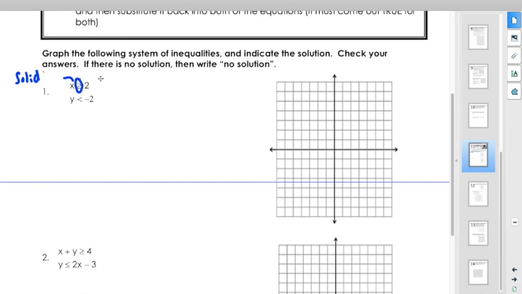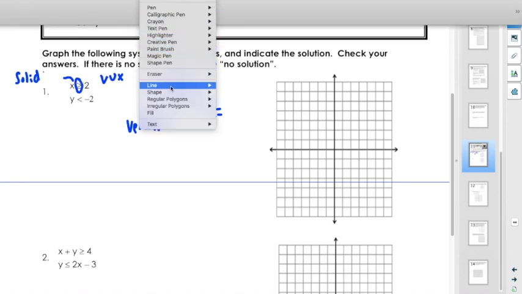Well, also recall VUX, where VUX stood for vertical line, undefined slope, and x equals. And that's how I know it's going to be a vertical line, because x is greater than or equal to 2, so I know that there's an x involved.